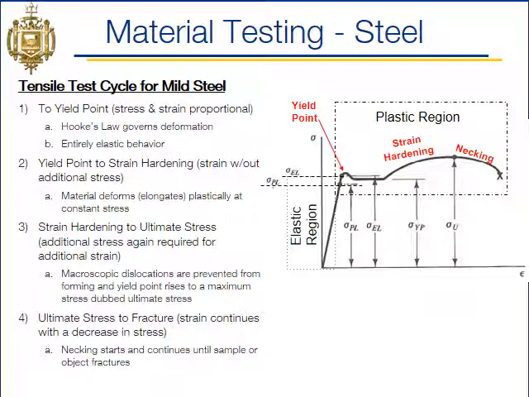So we do our tensile test, we put it in our tensile testing machine, we apply a force to it, and then as we apply a force, we get stress and strain, and then we get to a point where that stress and strain relationship is no longer linear. We call that the yield point. So remember, beyond the yield point, we're going to start to see plastic deformation. And then we get this flat little slope here, right?